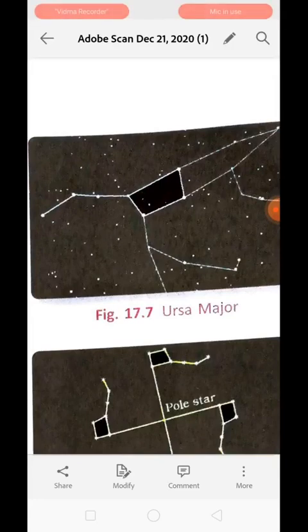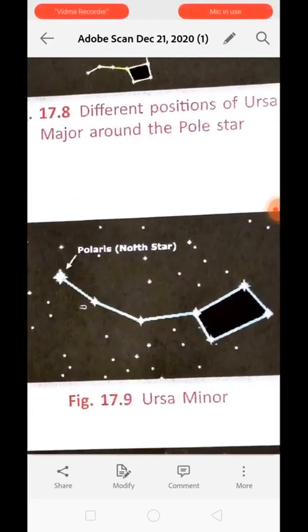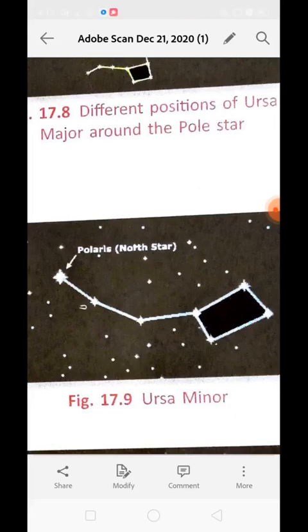This is another constellation which has 7 prominent members. 7 prominent stars are part of this constellation. Understood? And because of this, Ursa Minor is also known as Laghu Saptarishi or Small Bear.